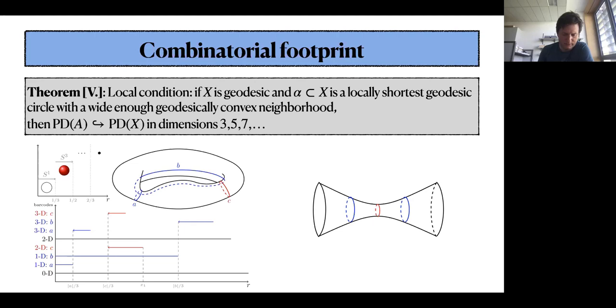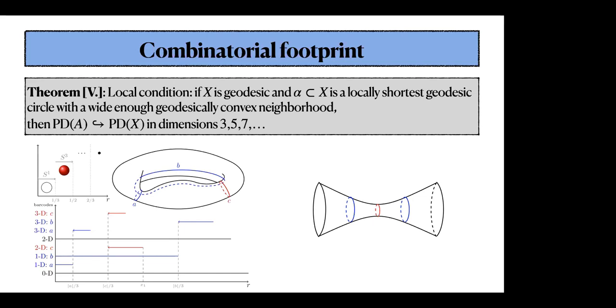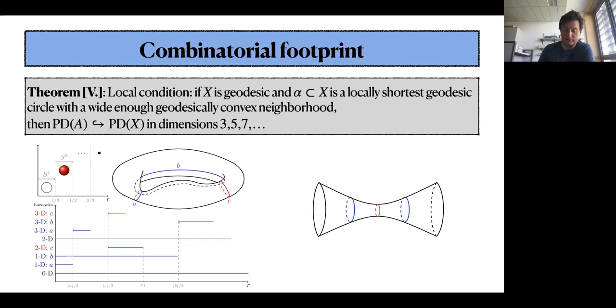I think there's a contraction from the whole space onto B. That's what I'm thinking about. Maybe I should look at it. But in terms of neighborhood, I think the neighborhood should be of length maybe 2/3 of the length of B, something like that. And here B is really long with respect to this. So a neighborhood like this would be fine, but it's not big enough for this local condition.